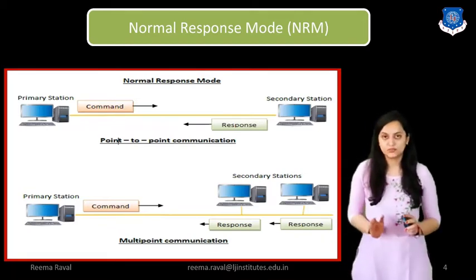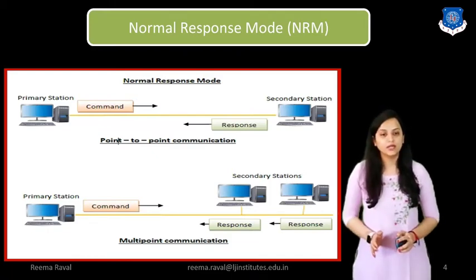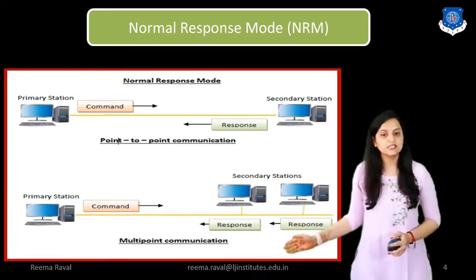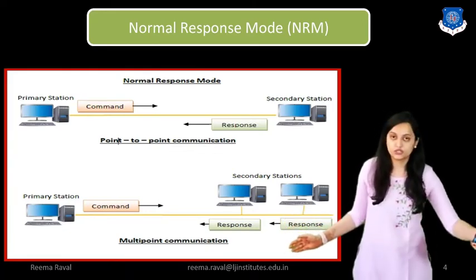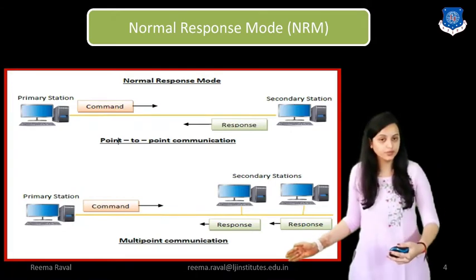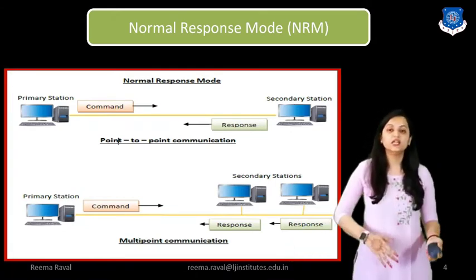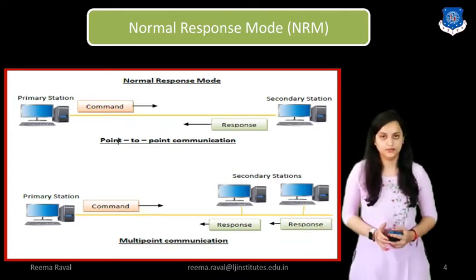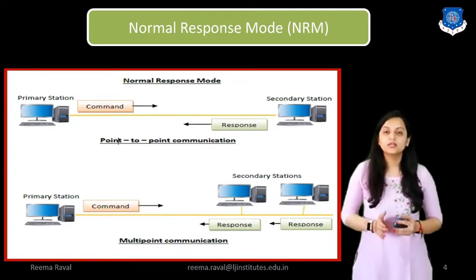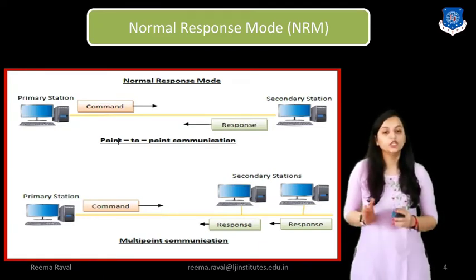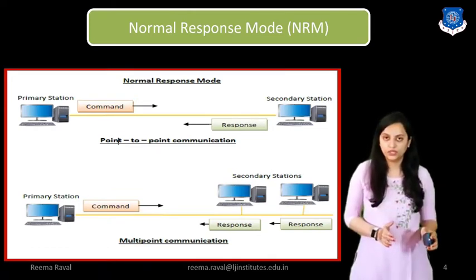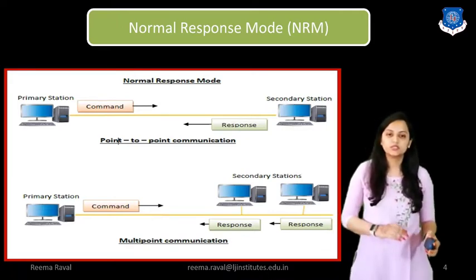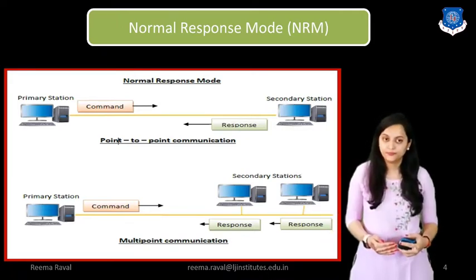In the same way, in multi-point communication, the primary station sends the command to the multiple secondary stations involved, and these stations individually give responses to the primary station in response to the command. So this is how the normal response mode works in point-to-point and multi-point communication. In short, in response to a command, normally the response is given by the secondary stations involved.